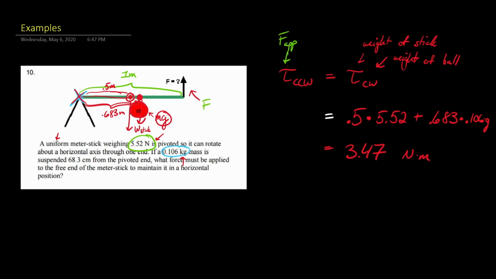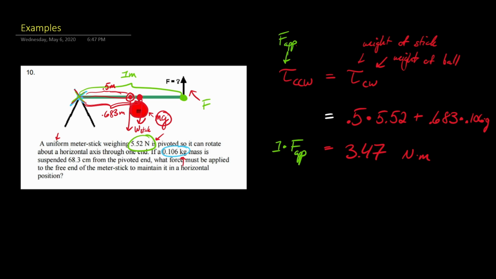Okay, now what's the torque applied by this green force right here? Well, its r is going to be the distance from the x all the way out to where the force is pulling, so that's 1 meter, times the size of the force, which is this unknown variable F. Perfect.